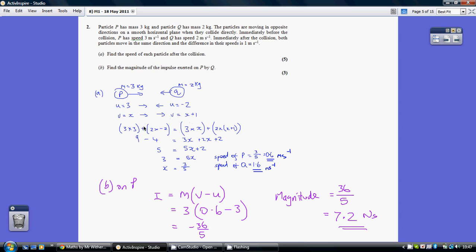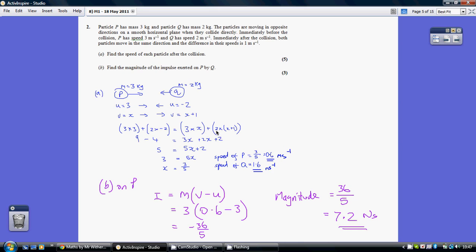Then it's just a fairly straightforward conservation of momentum question. So before the collision, mass times velocity is 3 times 3, and for Q is 2 times -2, so that's our left hand side. And the momentum after the collision is m times v, so 3 times x and 2 lots of x plus 1.